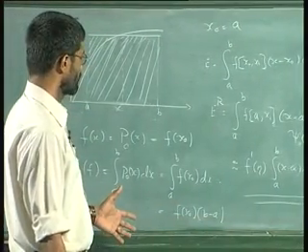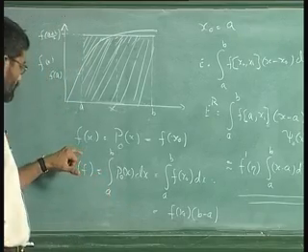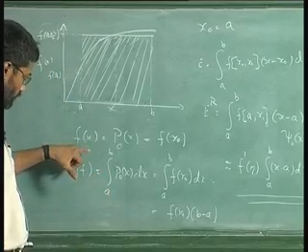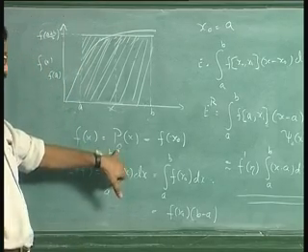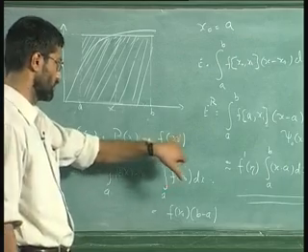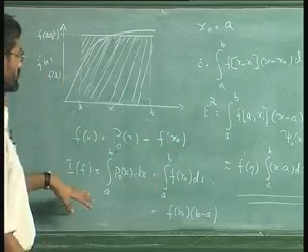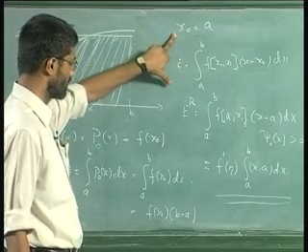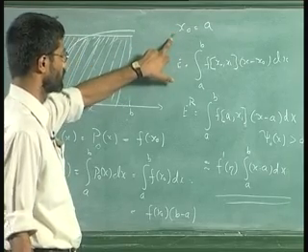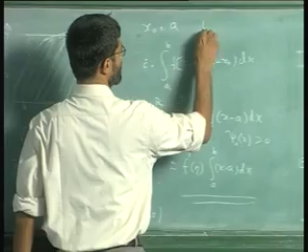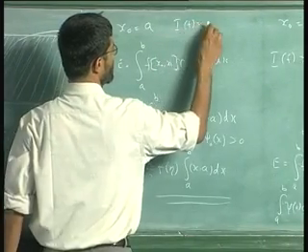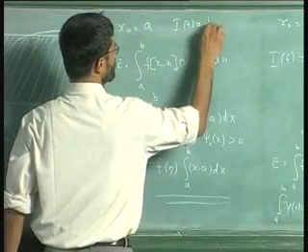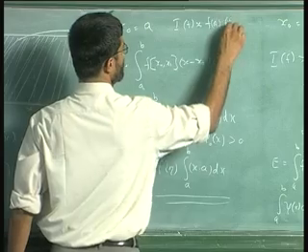So we started with a polynomial approximation, which we choose to be a 0th order polynomial, that is, the function is evaluated only at x0. First we chose x0 to be a, and then the integral is approximated to be f of a into (b minus a).